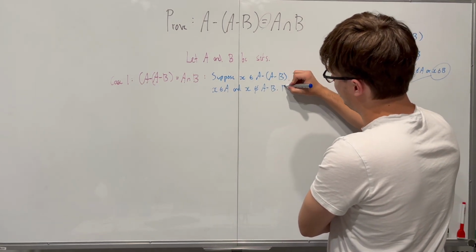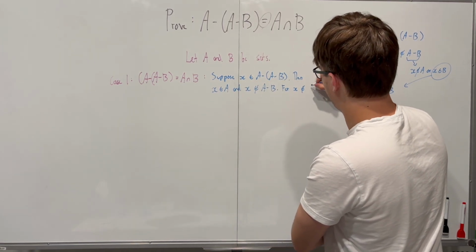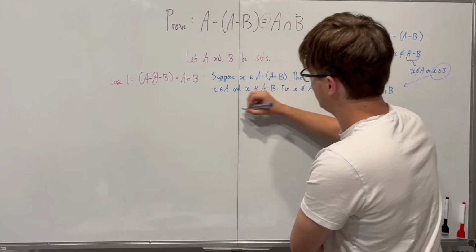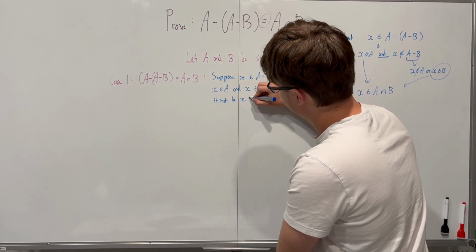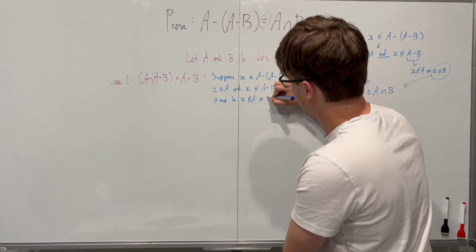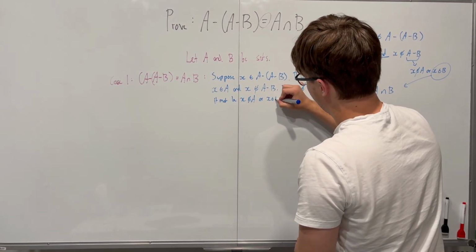Now we can say for X to not be an element of B, it must be X is not an element of A or X is an element of B.